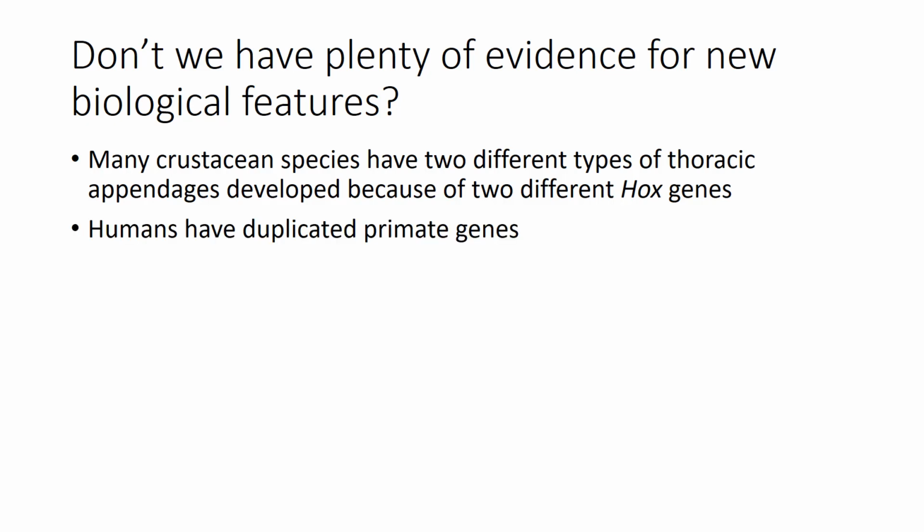Humans have duplicated primate genes. The idea here is that some genes in some lesser primates duplicated, and those duplicates had the opportunity to evolve and develop some new function, and with that, you were able to add to the complexity of these organisms.